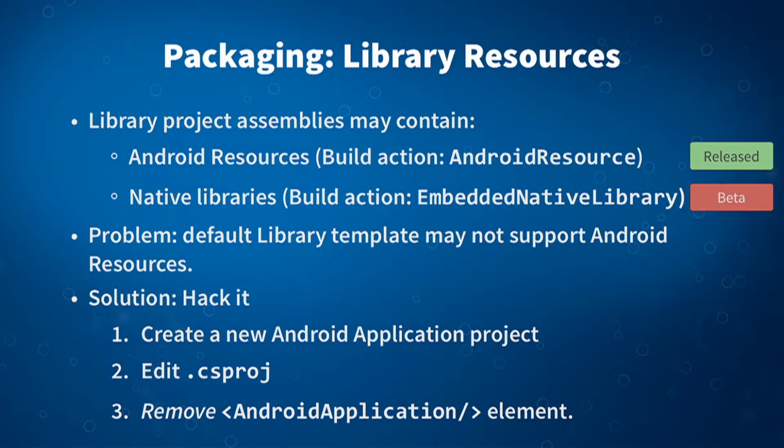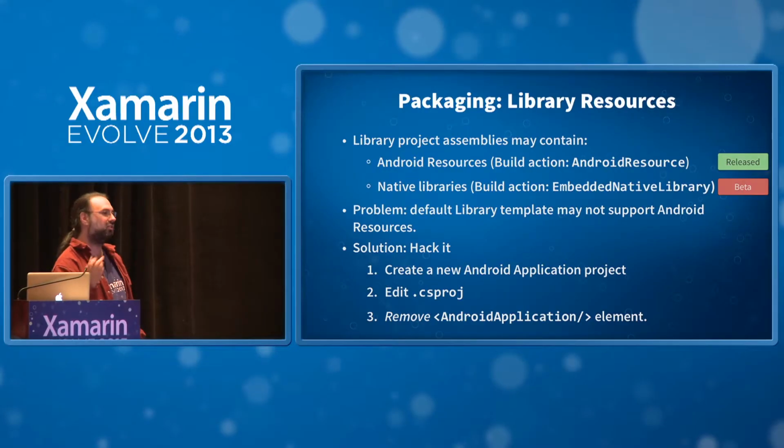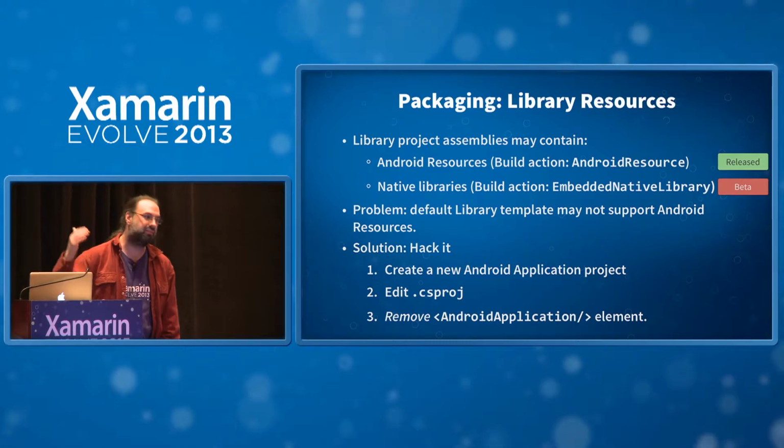Wow, impressive. All right, in the 4.4 release, we added the ability for library projects to contain Android resources, which means that you can have a library project which has a self-contained activity. It would have layout XML, it could have images, it could have strings, it could have everything that you want.